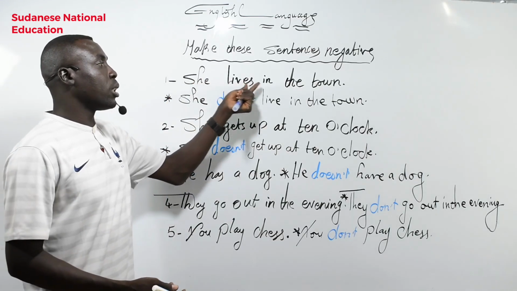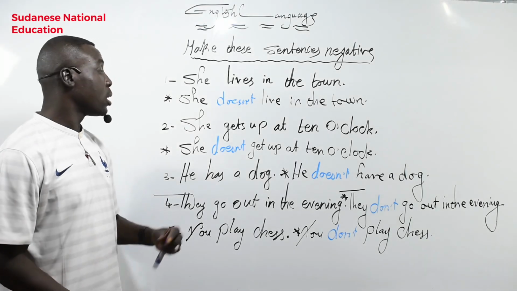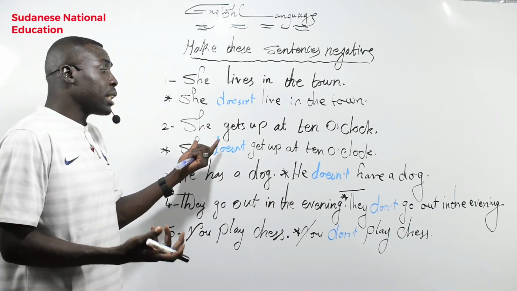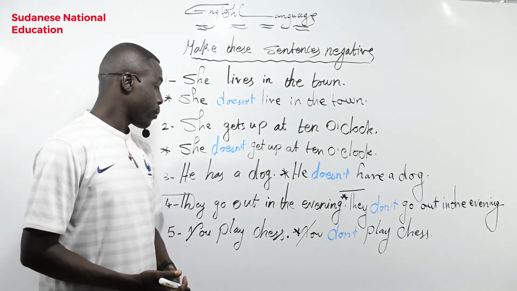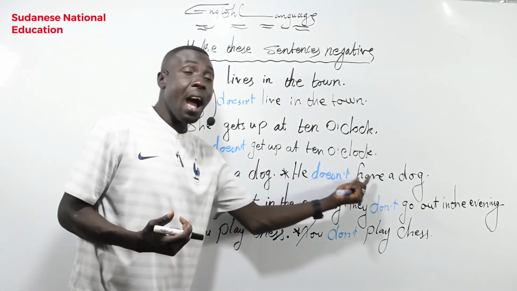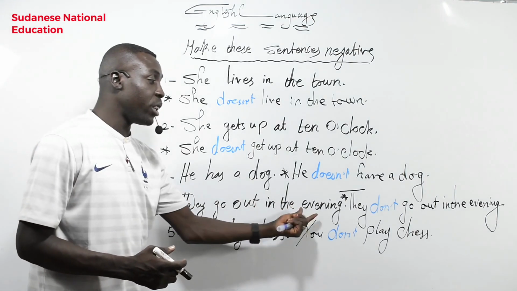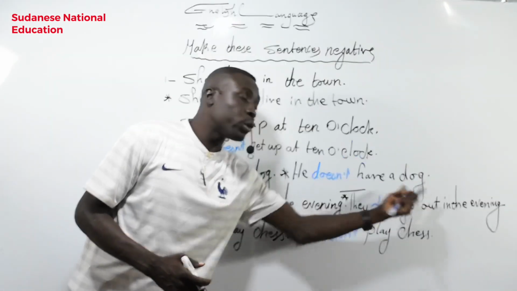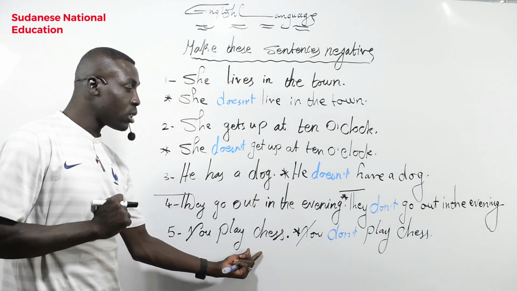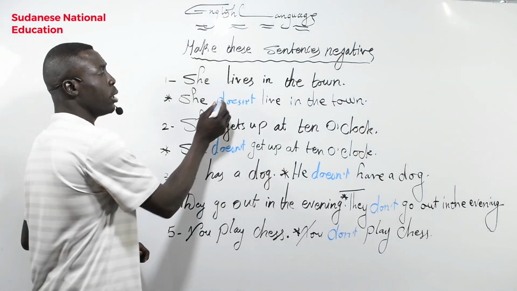She lives in the town. She doesn't live in the town. She gets up at 10 o'clock. She doesn't get up at 10 o'clock. He has a dog. He doesn't have a dog. They go out in the evening. They don't go out in the evening. You play chess. You don't play chess. Look at the verb.